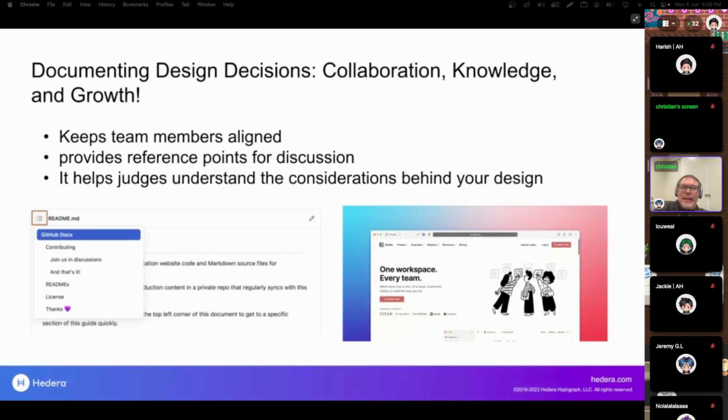You want to provide a way for them to ask questions as well. So as they look through the documentation and they have either comments or suggestions or just don't understand something, they can comment very quickly on that.